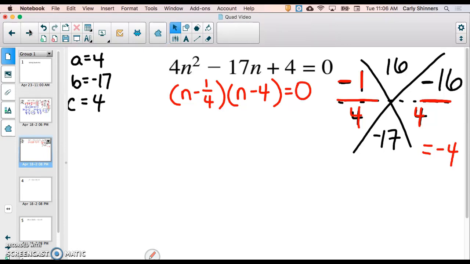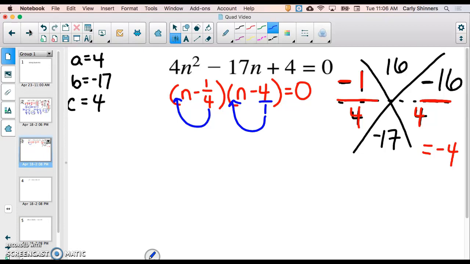So my next step is to slide the denominator. Here you could give yourself a 1 to slide, but that's not necessary. Oops, I forgot my 4 here. So I get 4n minus 1 and n minus 4.